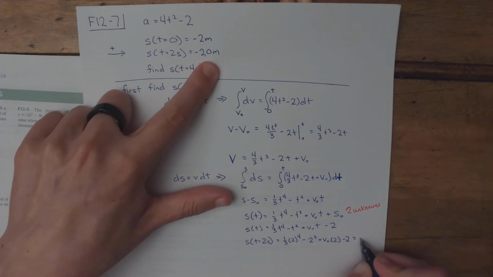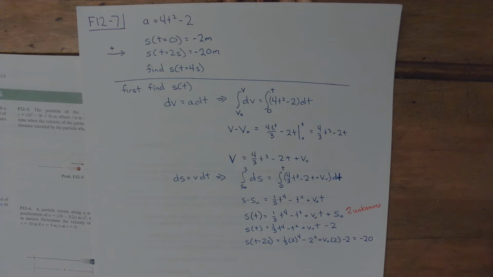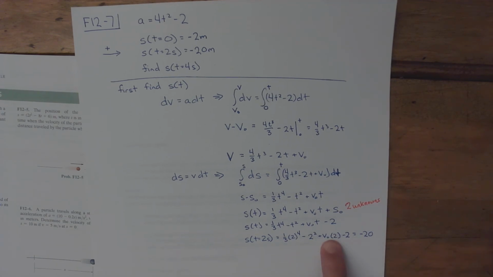This has to be equal to negative 20 meters. Okay, I want you to solve that on your own. You can go ahead and plug that into your calculator after you bring everything except for the v naught times 2 over to the other side. Then divide by 2, and you should get negative 29 divided by 3, which is approximately equal to negative 9.67.